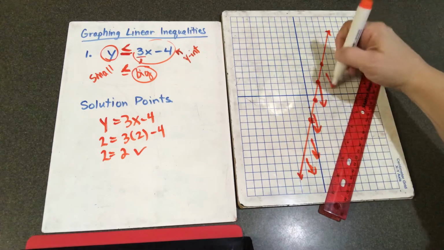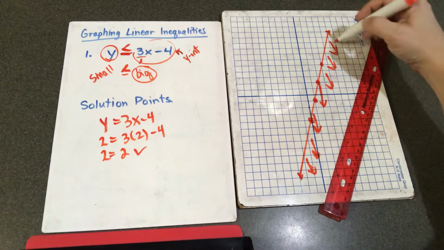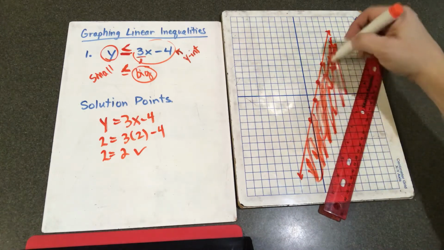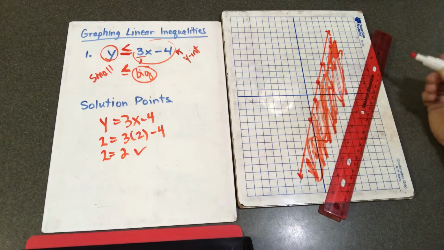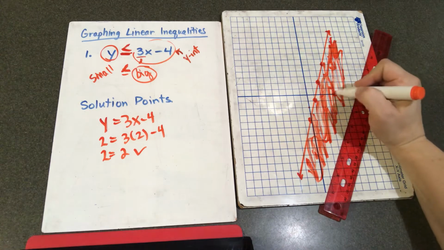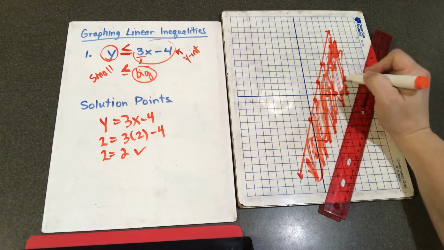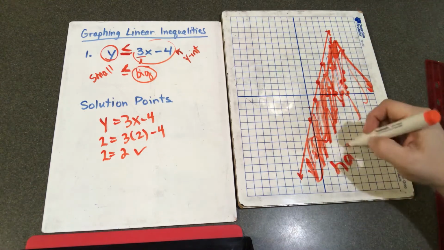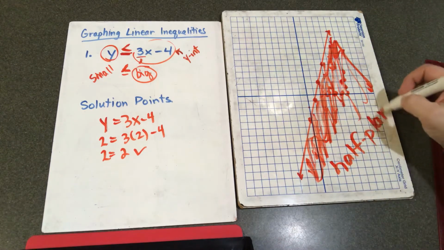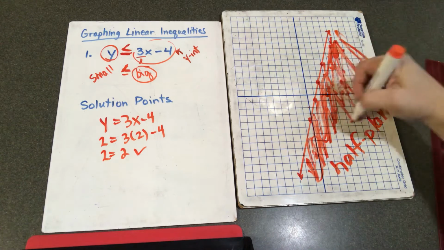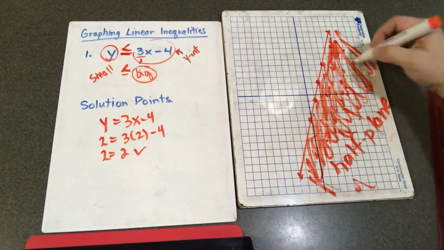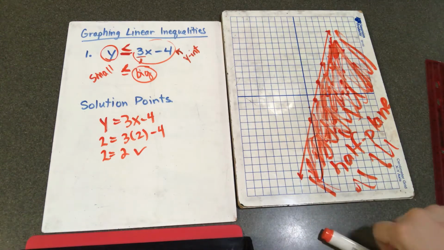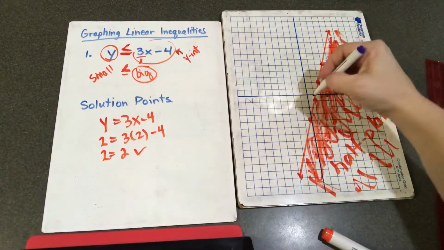So this would be a question of not do we shade right or left, but do we shade up or down? Do we shade above the line or below the line? So all of these points now become part of our solution set, everything here. And this is called a half plane whenever you shade half of your grid, okay? A lot of times people like to check the point 0, 0.